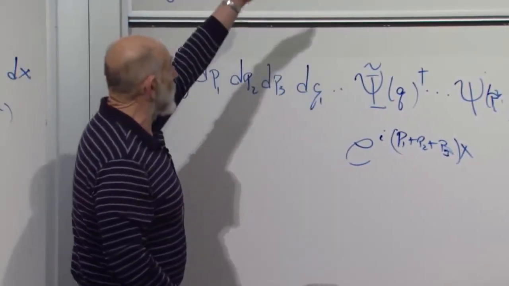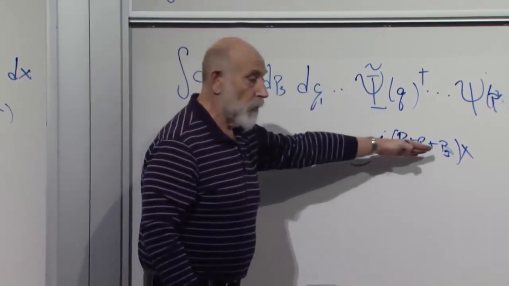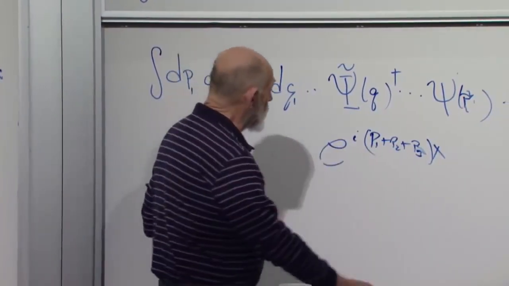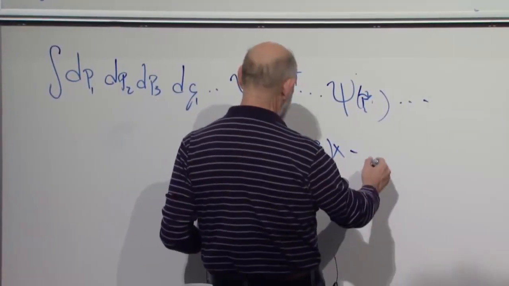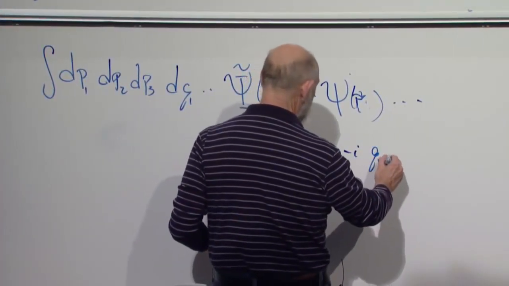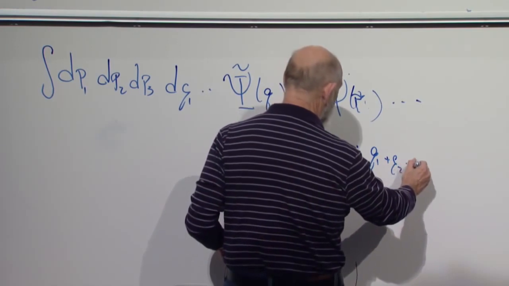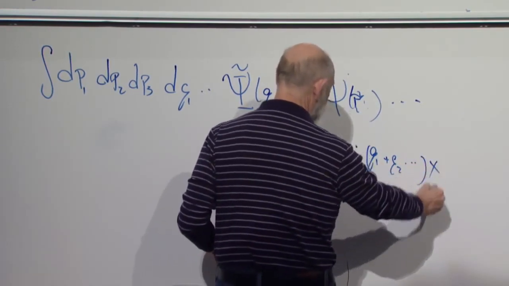Each one would come in with its own e to the i px, and you'd add them all up in the exponent. But then you'd also have minus i q1 plus q2, dot, dot, dot, x.